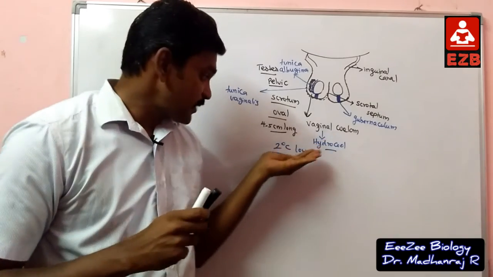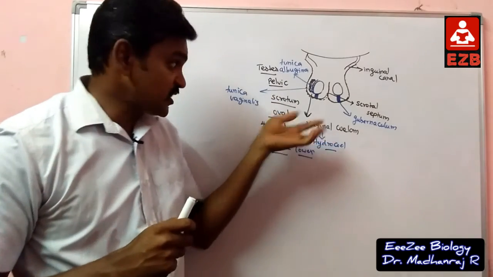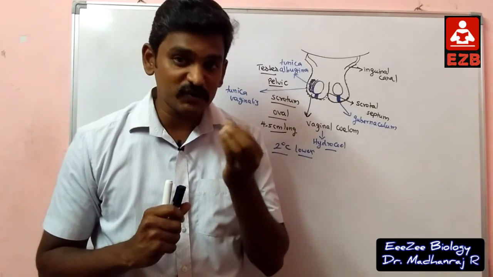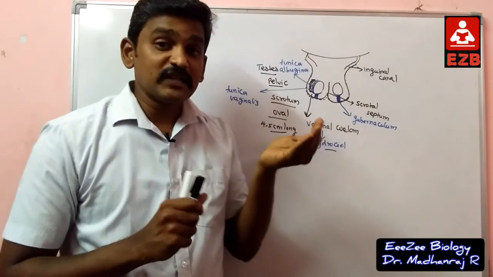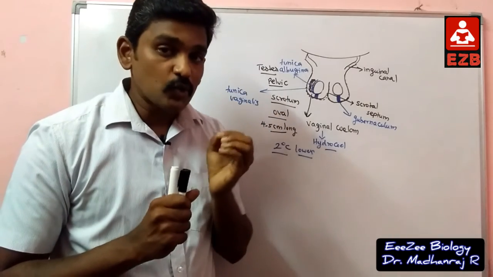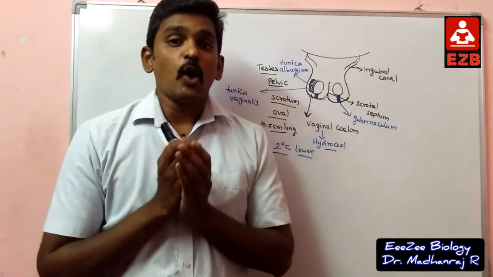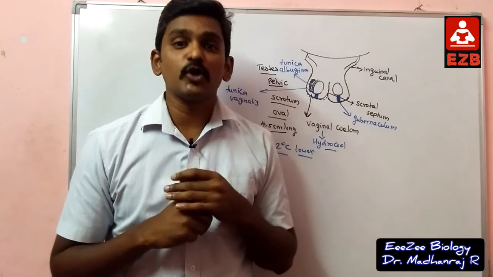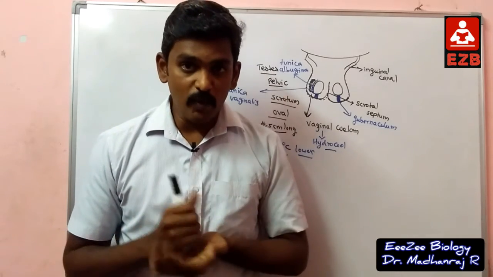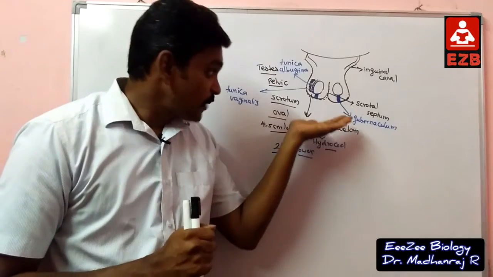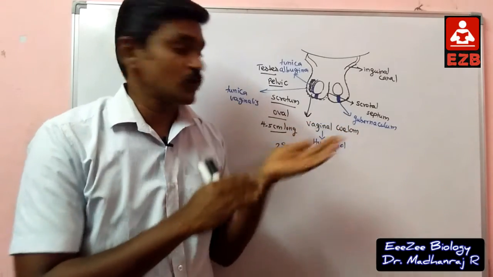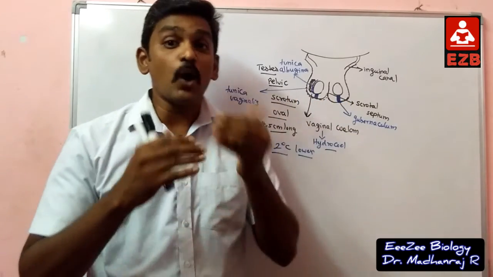When the temperature is equal to the body temperature, they cannot go for spermatogenesis, that is, production of sperms will not occur. When the temperature drops by 2 degrees Celsius, only then the hormones present there get activated, which results in spermatogenesis, and sperms will be formed during that time. So to maintain the temperature 2 degrees lower than the body temperature, these testes are placed outside the abdominal cavity.